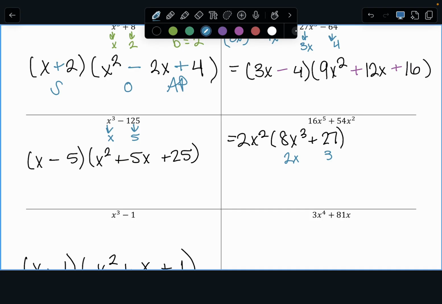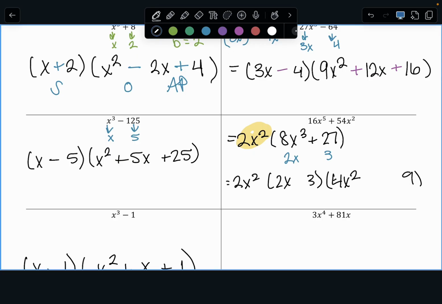Okay. So, again, be careful. Make sure this original GCF stays with you the whole time. It goes all the way down. And then I have 2x and 3. I have 2x squared, so 4x squared. 3 squared is 9.